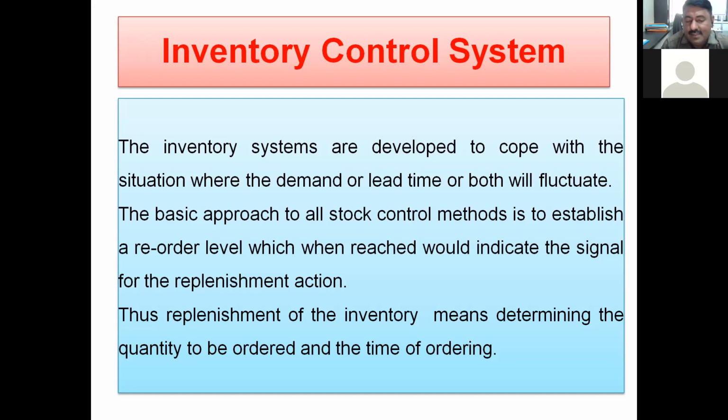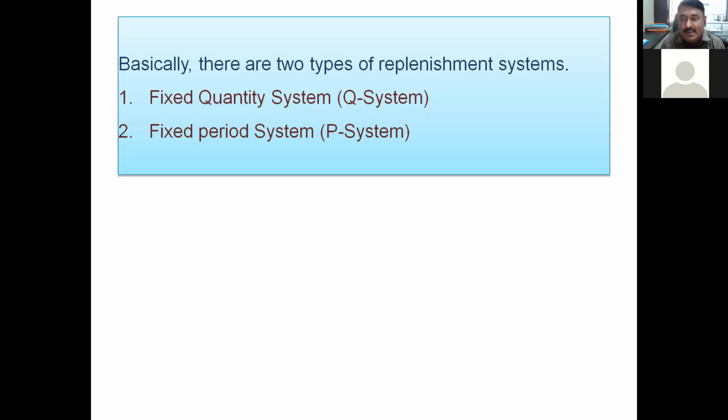Replenishment of the inventory means determining the quantity to be ordered and the time of order. In replenishment we place another order, so what quantity will be ordered and at what time? What is the frequency, monthly or 15 days, and what is the quantity to be ordered? This is the thing in inventory control systems.